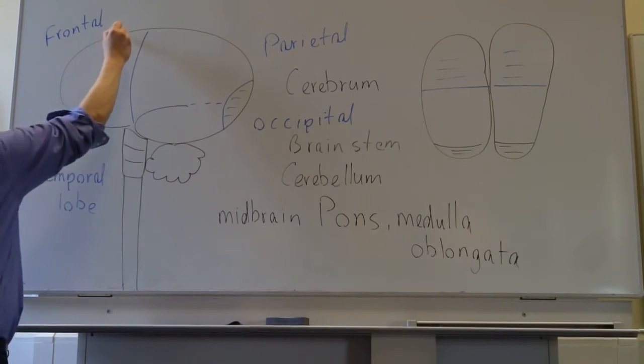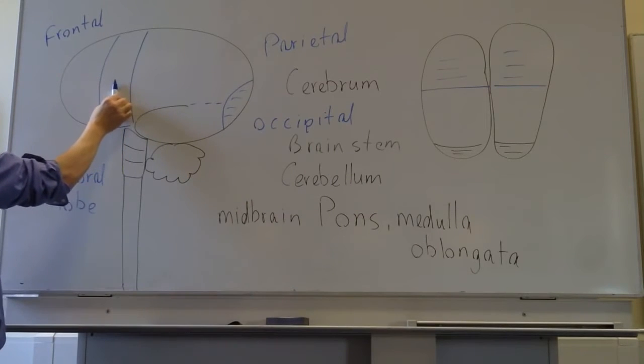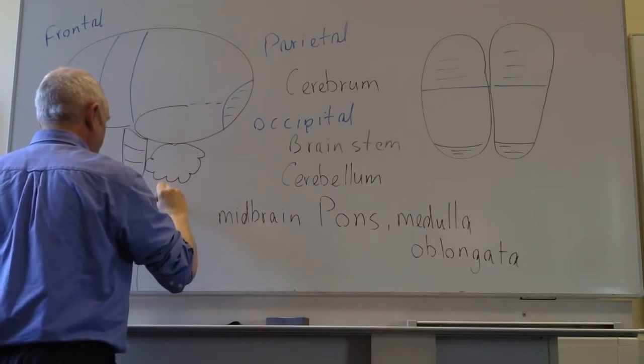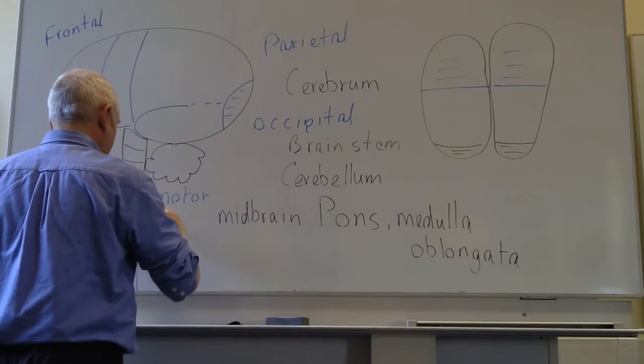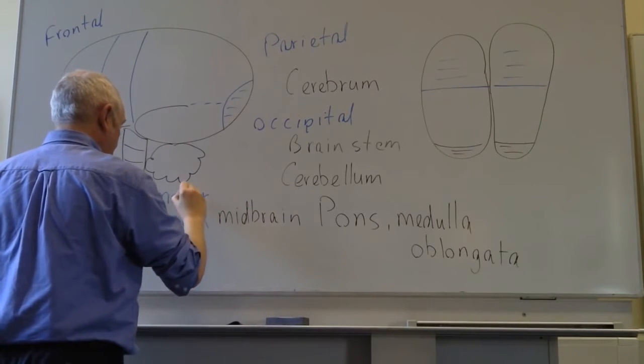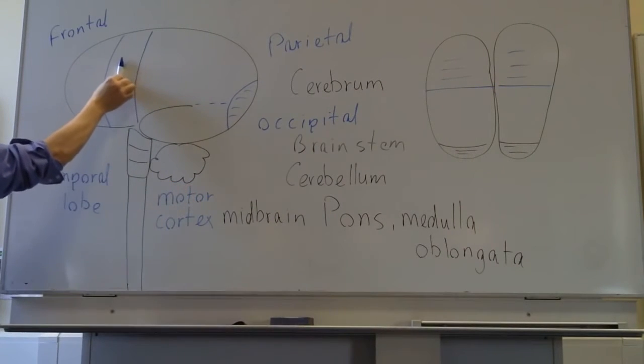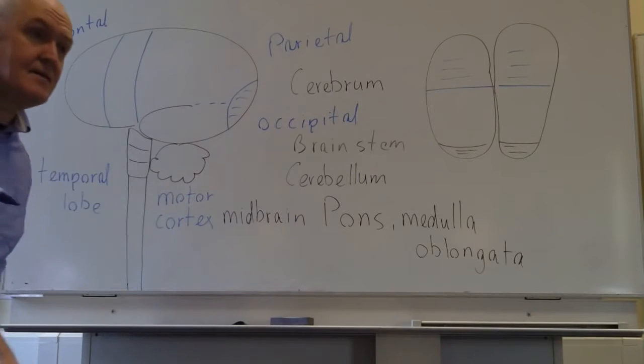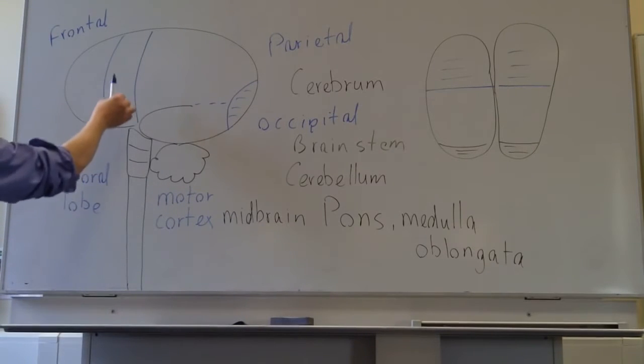Now this area of the frontal lobe here is called the motor cortex. So this strip is the motor cortex. And motor means to do with movement. So this is where movements of the body are initiated.